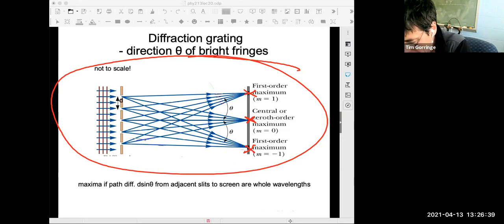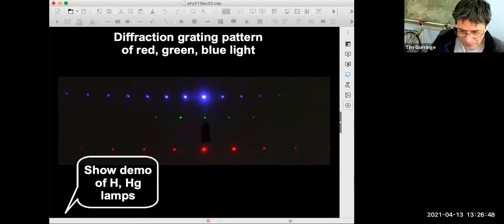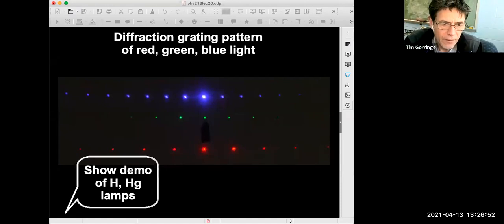Let me show you, I think the next slide is a picture that might make it clearer, or at least it's a nice, enjoyable picture. Okay, so this shows a beautiful diffraction pattern, or three beautiful diffraction patterns of a diffraction grating.